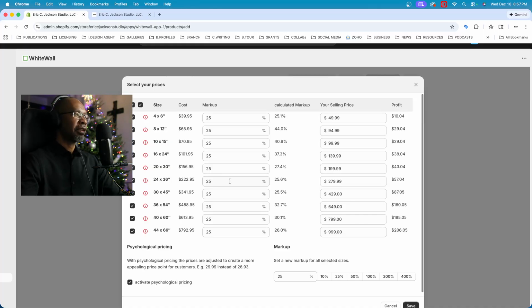But then that took me to the next question of what happened. Why did the percentages change that I had put in? So then I went back to my records, and that's when I looked at the base price, which is here.